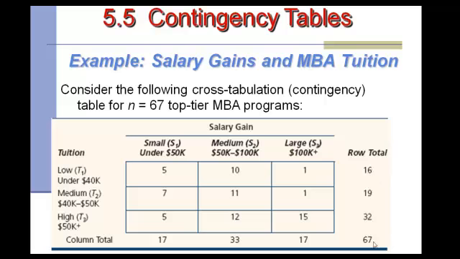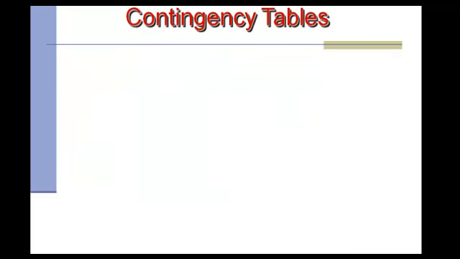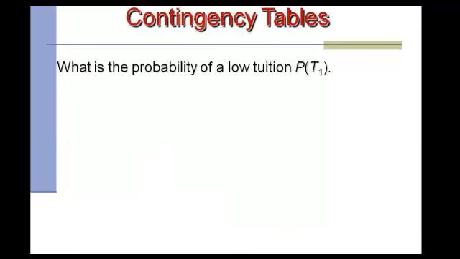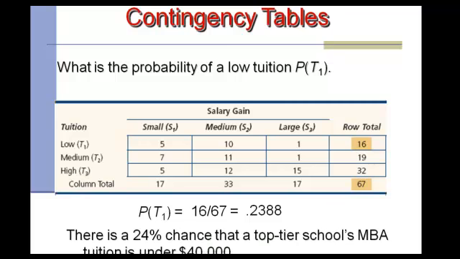So the probability of a low tuition is 16 out of 67, which comes out to be 0.2388. So there's a 24% chance that a top-tier school's MBA tuition is under $40,000 a year.